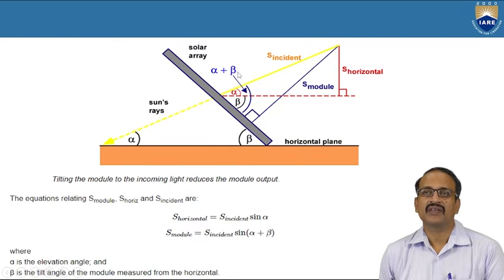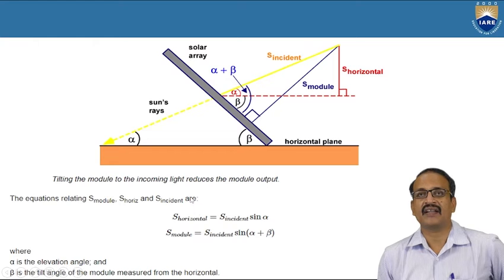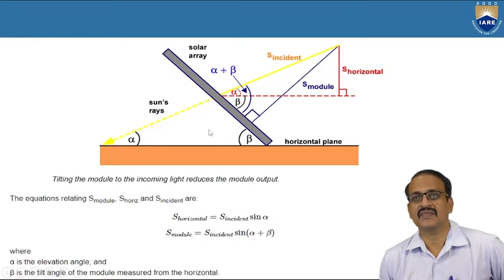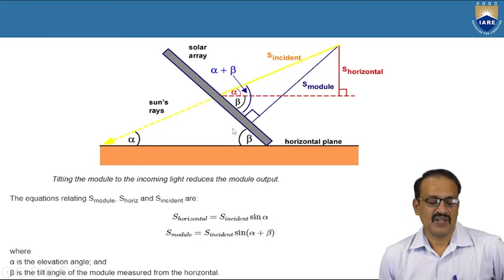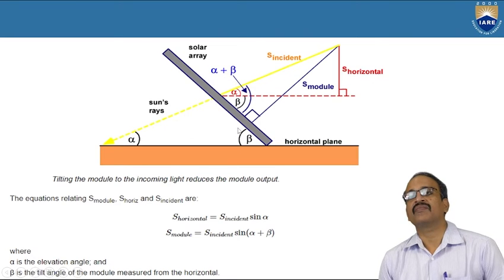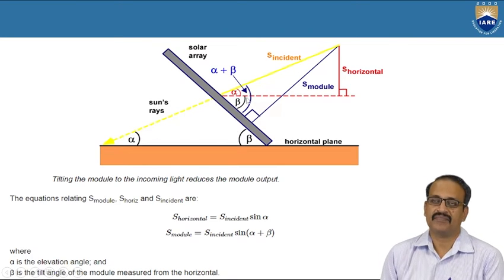So the total will give the S module. S horizontal is equal to S incident into sine alpha, where alpha is the elevation angle. So this is the elevation angle. And beta is the tilt angle of the module measured. Beta is the tilt angle.